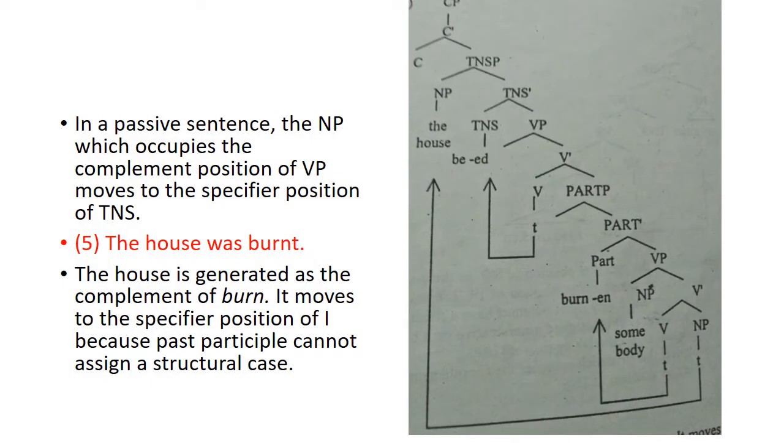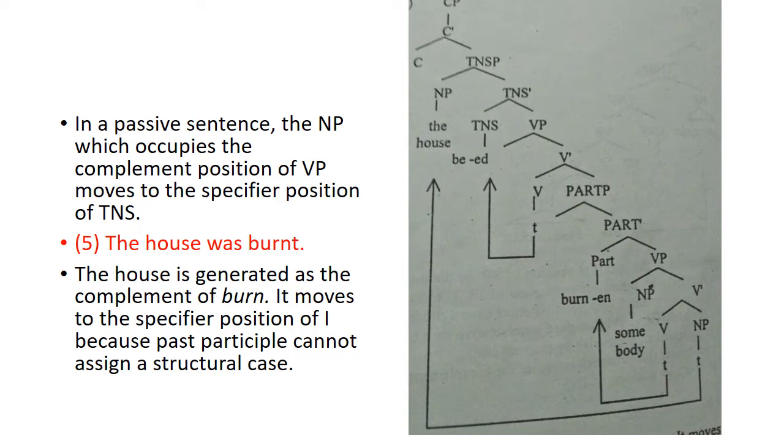In a passive sentence, the NP which occupies the complement position of VP moves to the specifier position of TNS. For example, in number 5, the house was burned. The house is generated as the complement of burn.